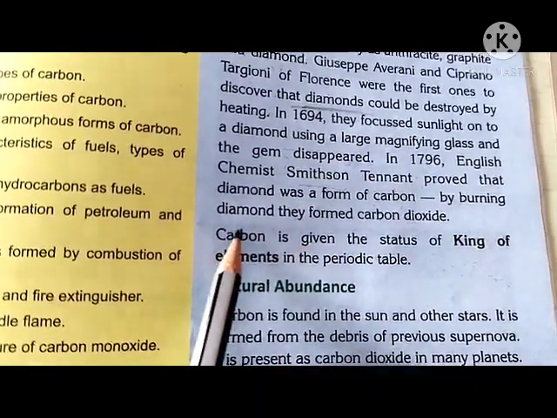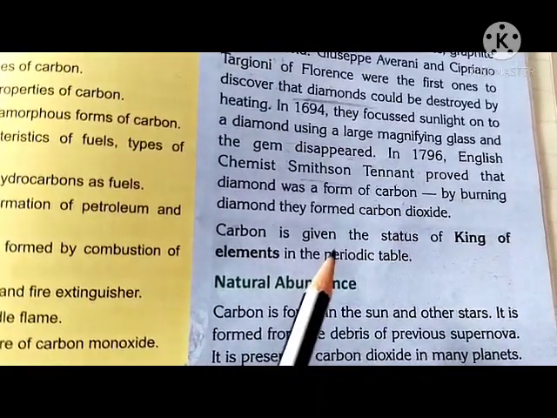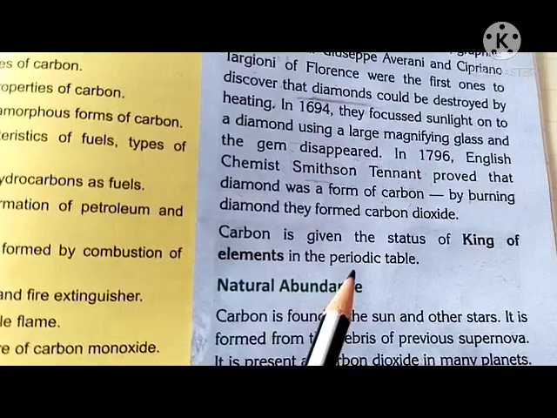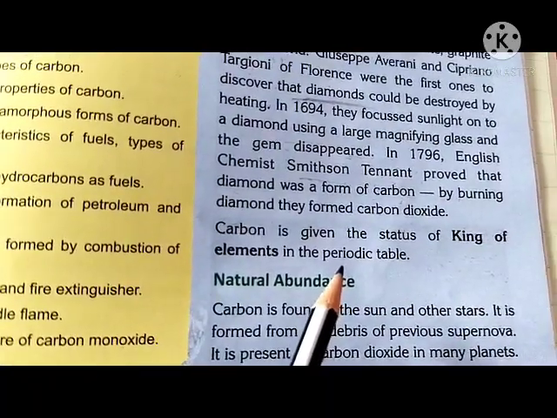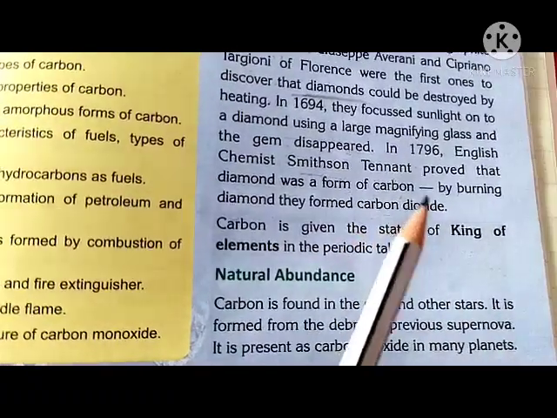By burning diamond they formed carbon dioxide. How did he prove that diamond is a form of carbon? Because when he heated the diamond he formed what? Carbon dioxide.